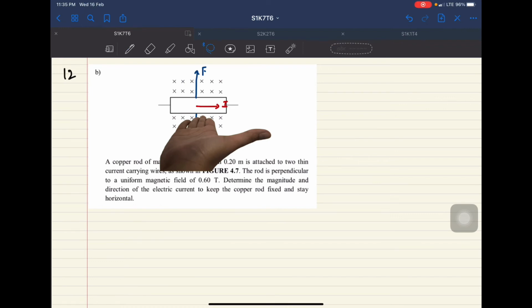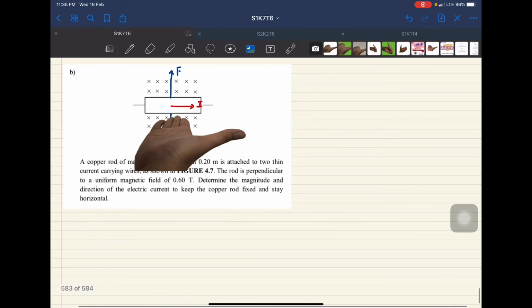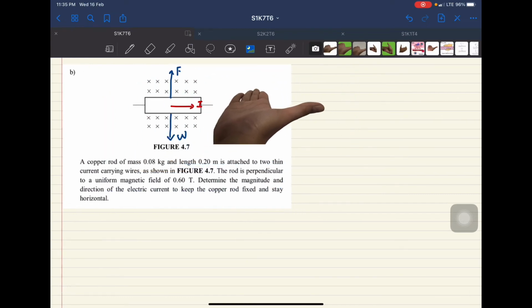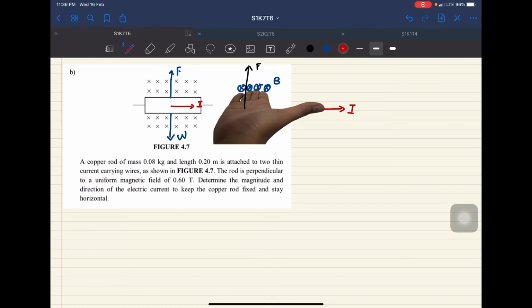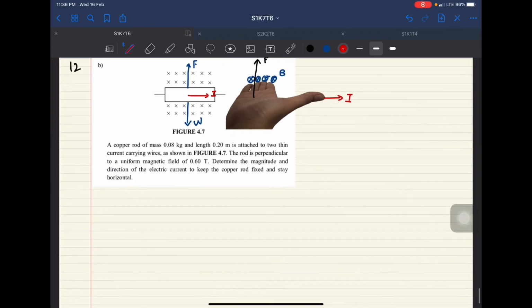Remember that the direction of magnetic field is your fingers, so that one is into the page. Your force, which is upwards, is your palm, because this one is a current, so we want to use the positive one. Your thumb is pointing towards the current. Okay, so now you can write down that the current is flowing to the right.